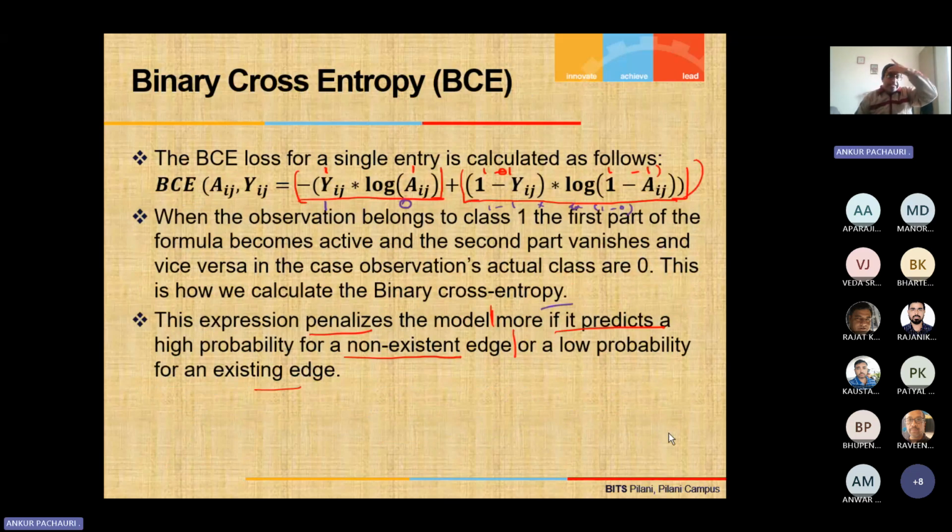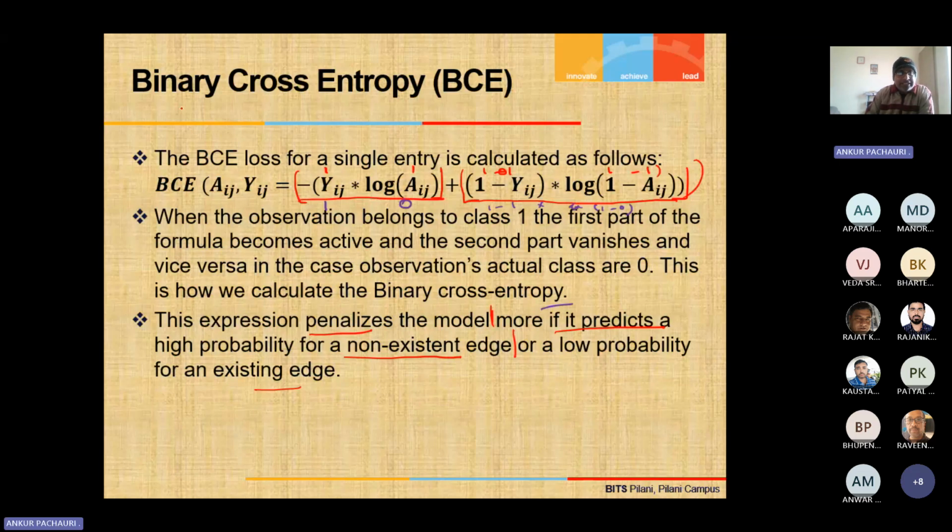So the binary cross entropy (BCE) loss for a single entry will be calculated in this way. There is some pre-processing work which has already been done in my previous session, and unfortunately I had not deleted the previous session's entries, but okay, I can use the same.